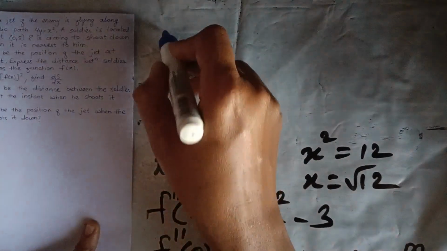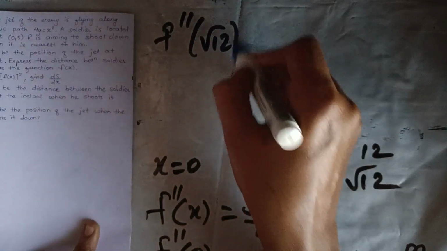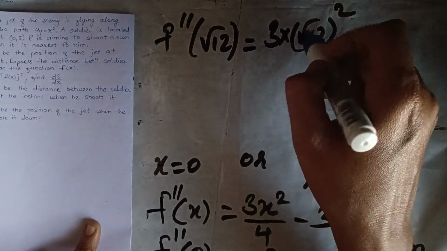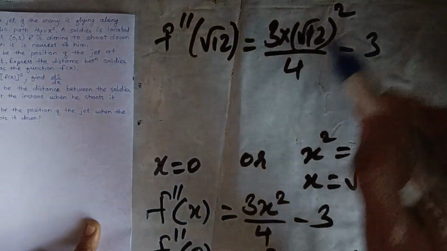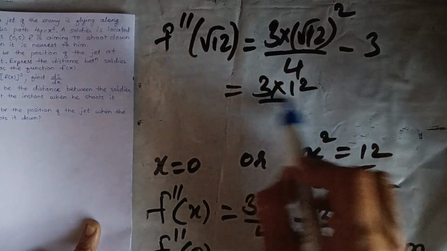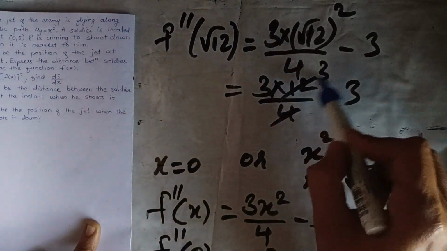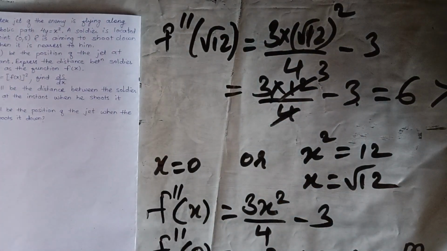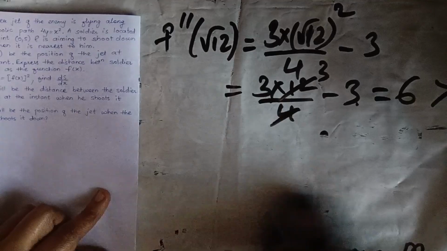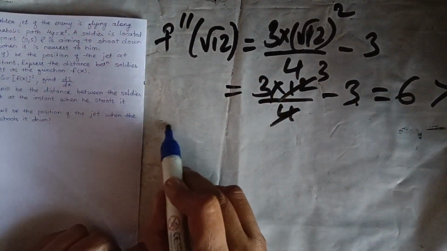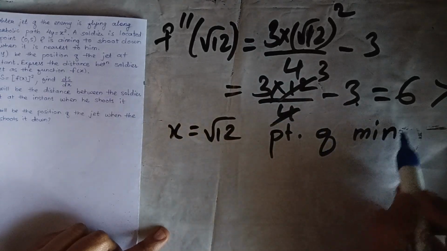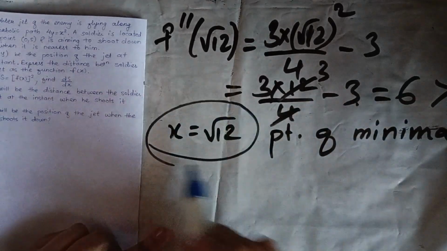So let's put x equal to root 12. Root 12 square, 9 minus 3, 6, greater than 0. Okay, so root 12 becomes the point of minima. So x equal to root 12. Okay, so this x we have to use.